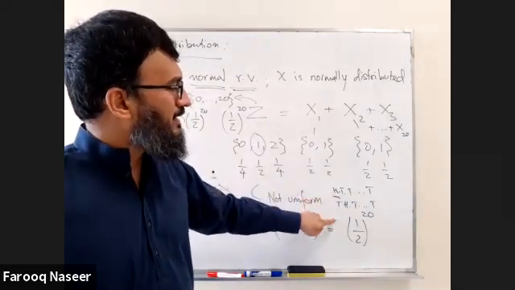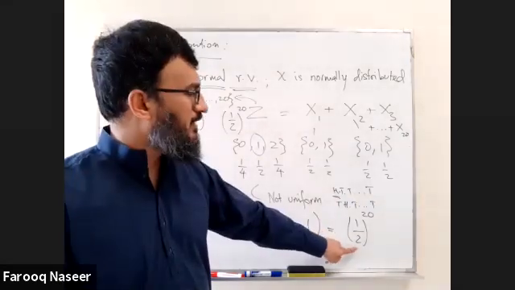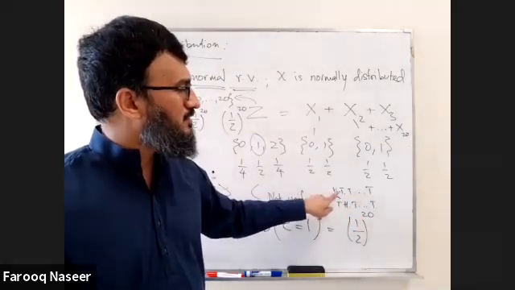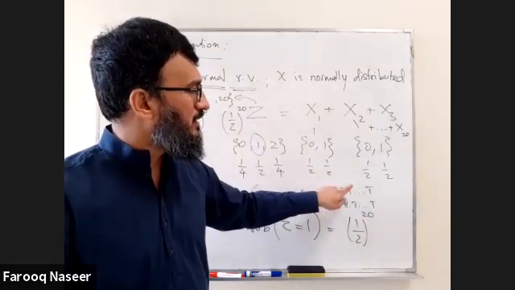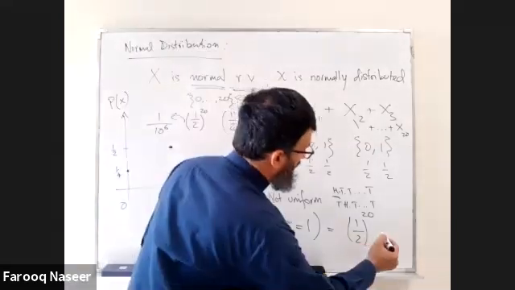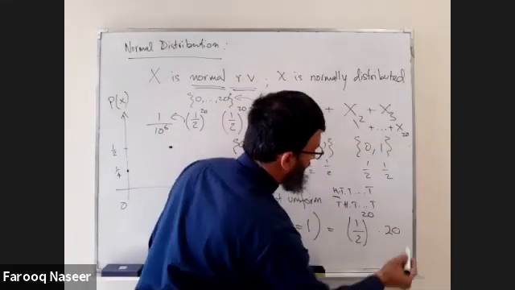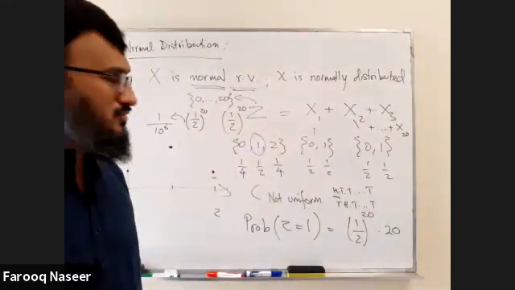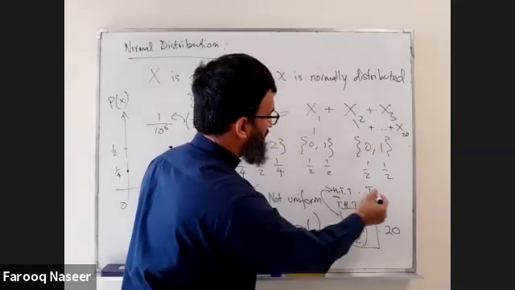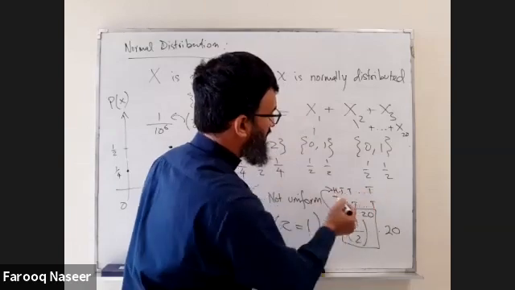तो इनमें से हर एक sequence की probability 1 over 2 raised to the power 20 है. And because there are 20 such sequences, so heads could be here, it could be here, it could be here, all the way. So we do 1 over 2 raised to the power 20 times 20. So this is the probability for any one of these sequences appearing.